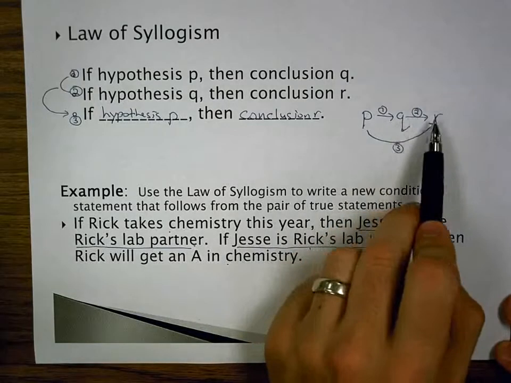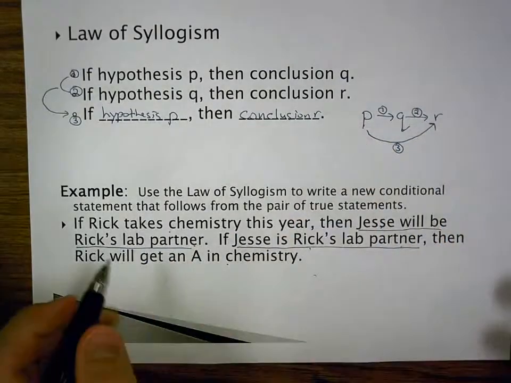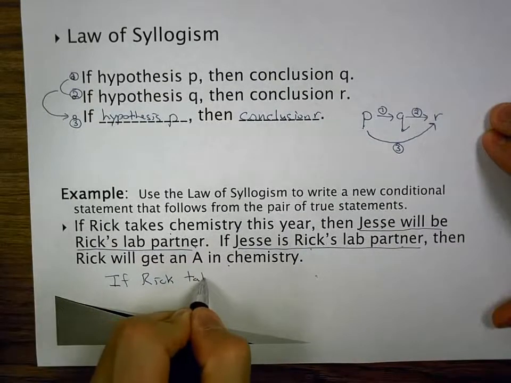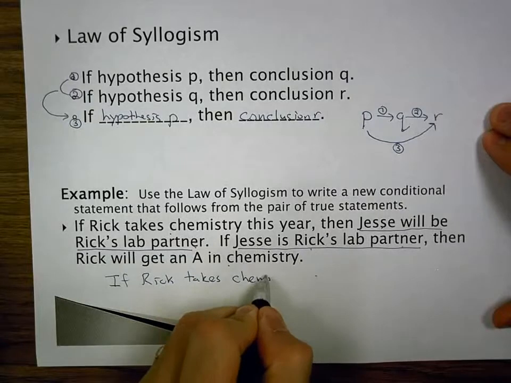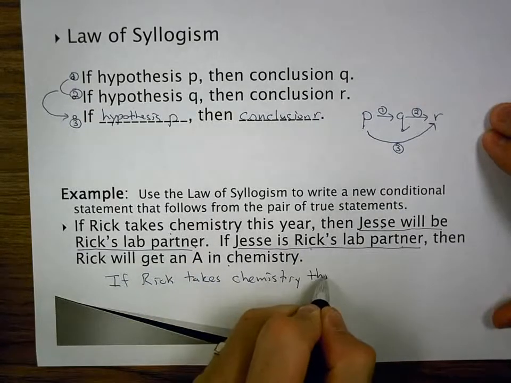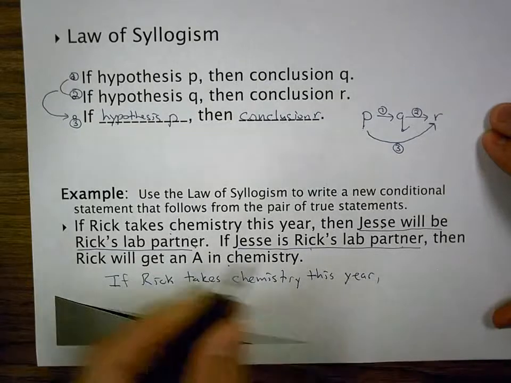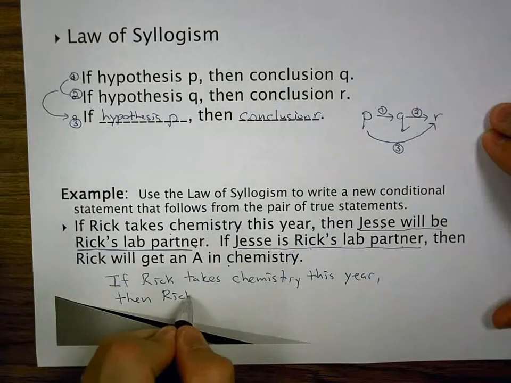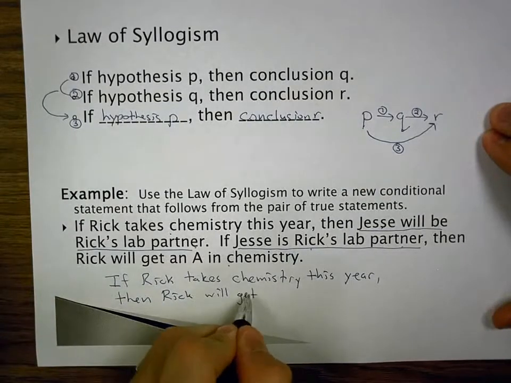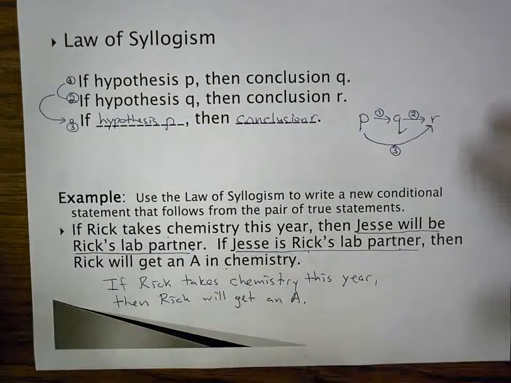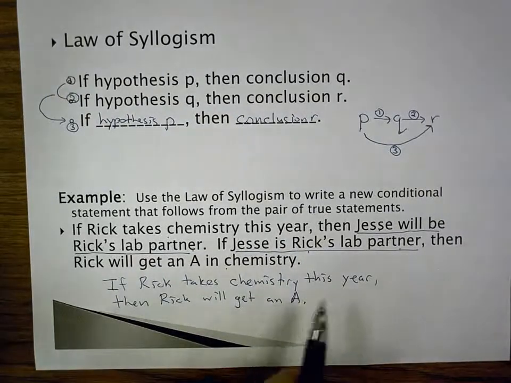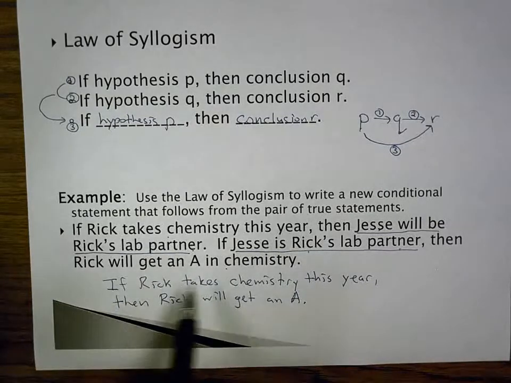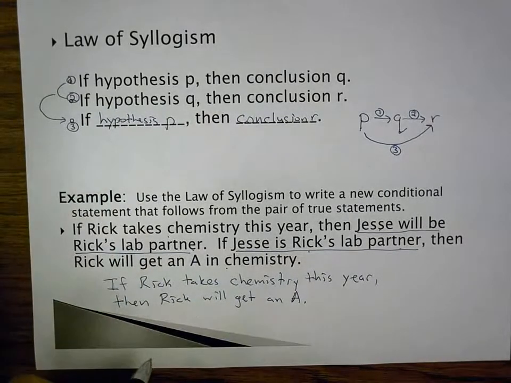With that process, we can now shorten it and say, if Rick takes chemistry this year, then Rick will get an A. By taking out that middle step, we can shorten it. That middle step was needed to get to the final result, but by this law we can make it one statement.